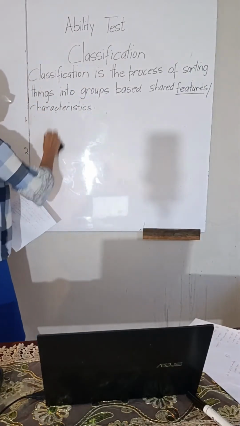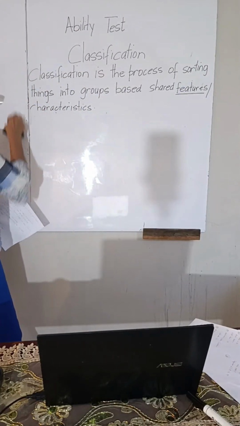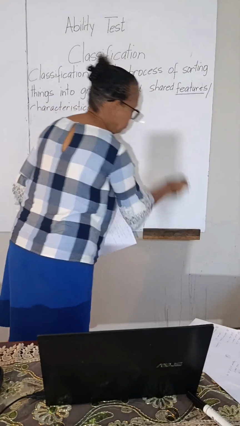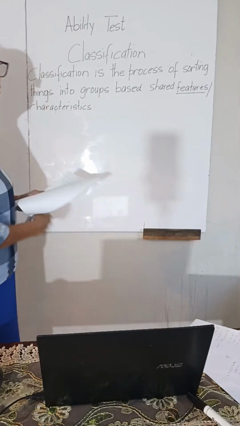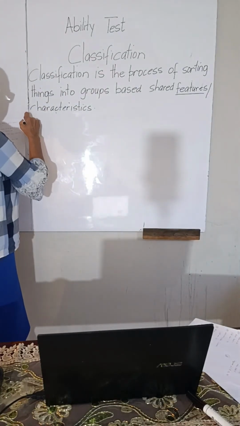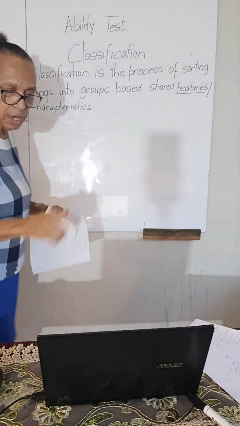All right, so we are classifying things. We are putting them in groups. And you have to tell me the group name or the names of the groups. All right, let me go again now. Look at this one now.